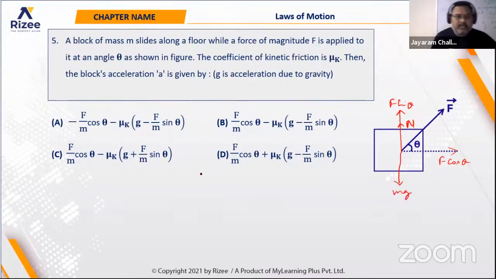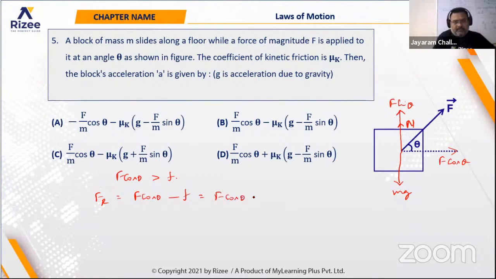Then what is the acceleration? The applied force F cos theta is greater than the frictional force. So the resultant force can be written as F cos theta minus the frictional force, which is mu into the normal reaction. From the diagram, the normal reaction is equal to mg minus F sine theta.